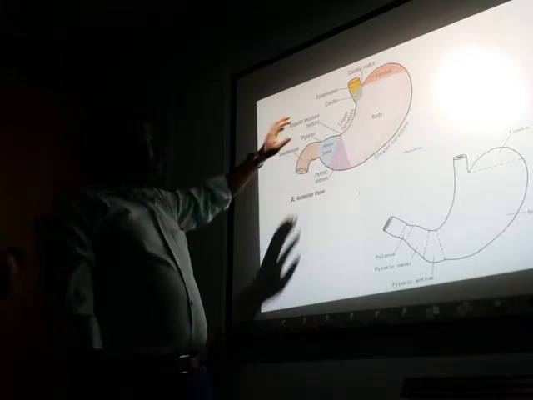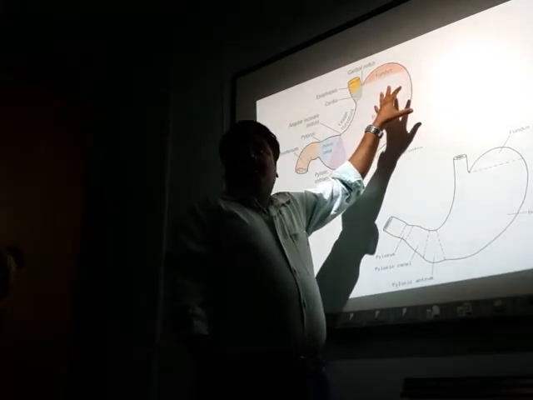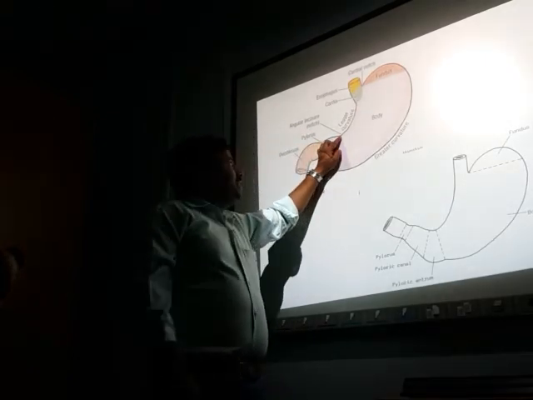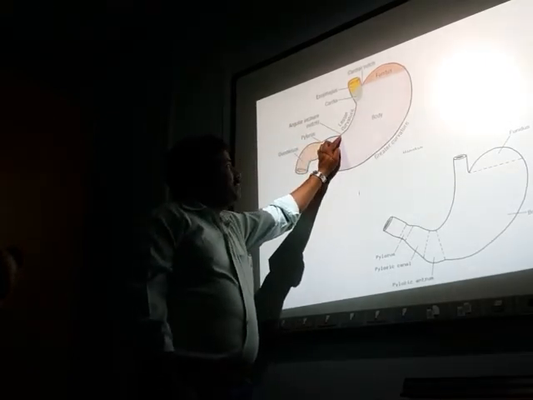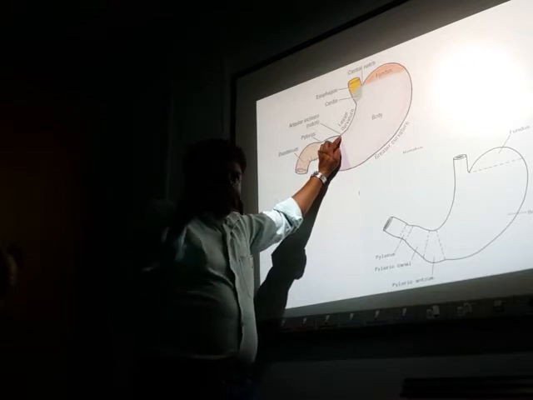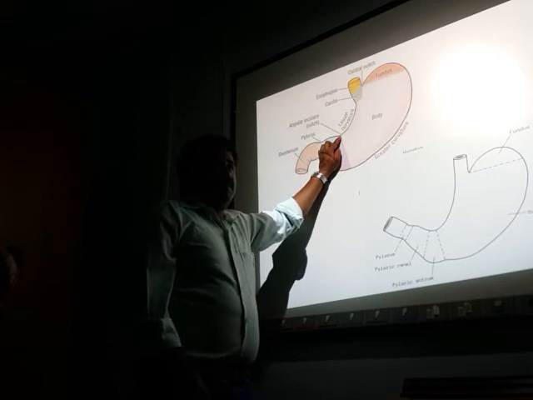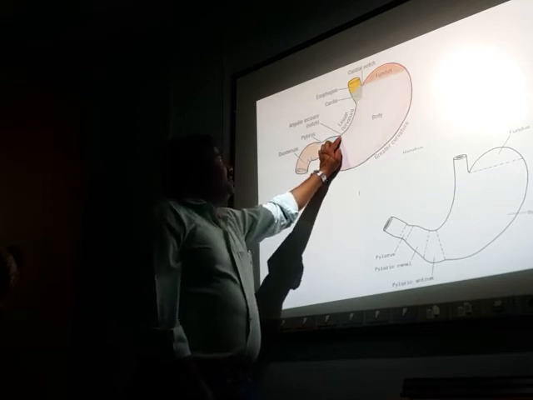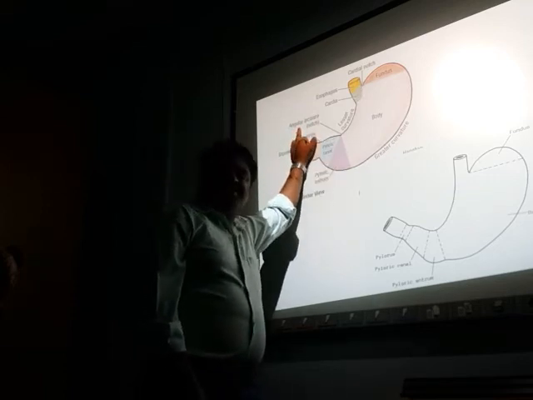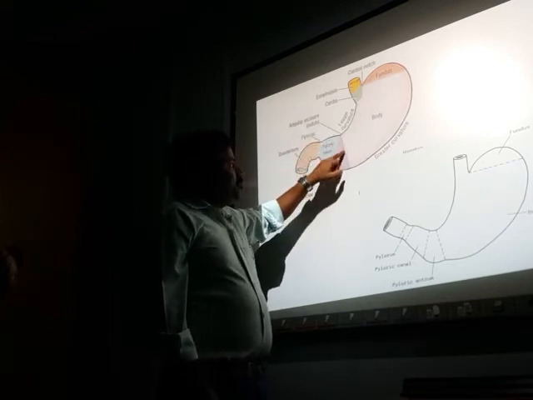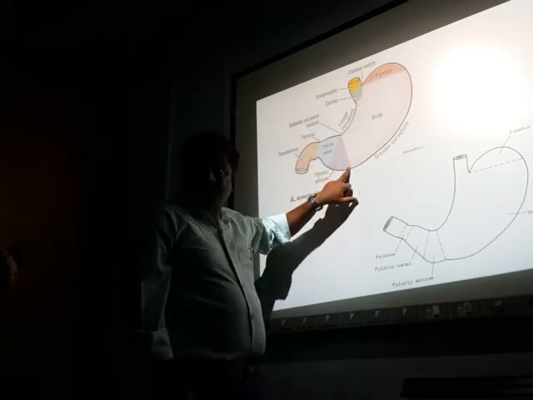And now one more important line here. There is an area of maximum concavity, a permanent depression, in the lesser curvature. That maximum concavity is called the incisura angularis. If you draw a vertical line from there towards the greater curvature, that is the line.